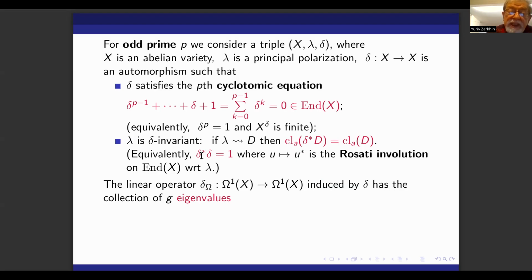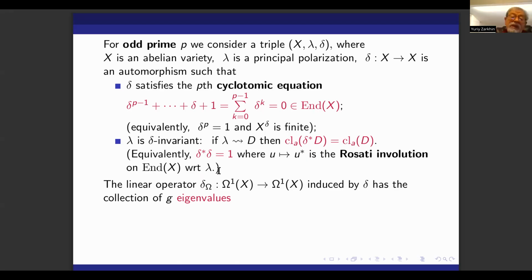Equivalently, delta^* delta equals 1, where u goes to u^* is the Rosati involution on the endomorphism ring of X with respect to lambda. Generally, the Rosati involution is defined not on the endomorphism ring of X but on the endomorphism algebra of X, but since lambda is principal, it actually acts on the endomorphism ring.